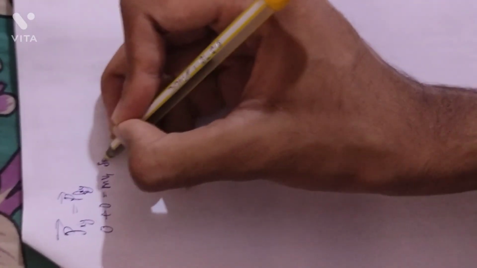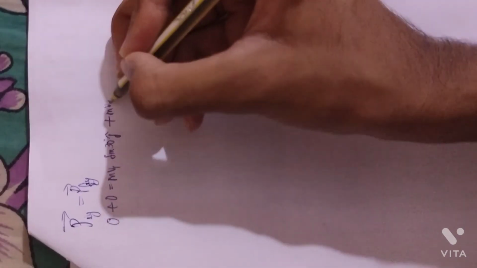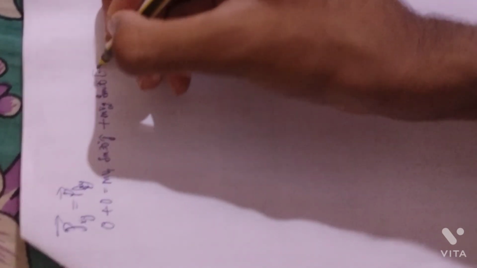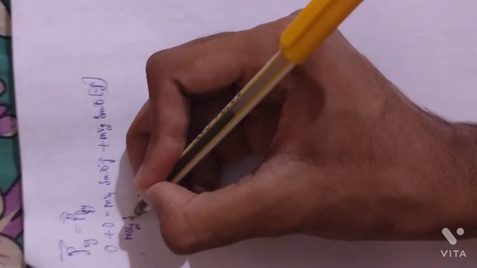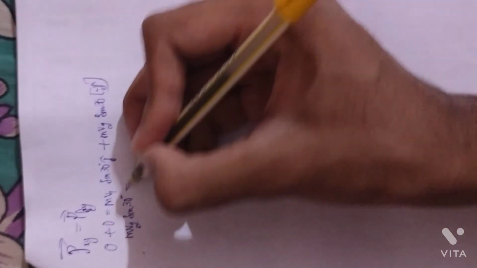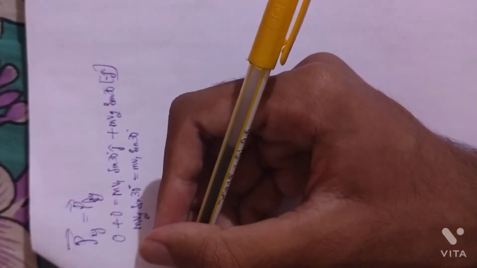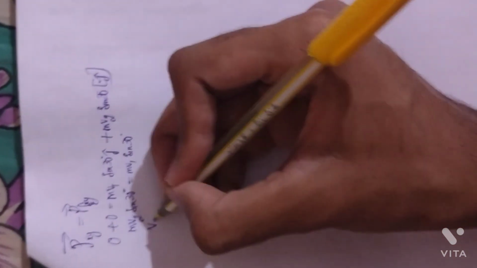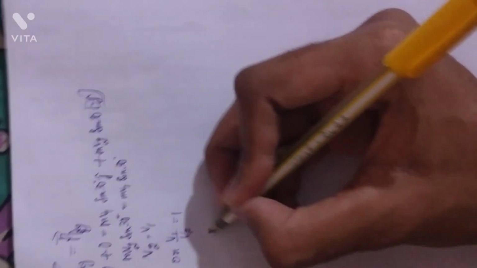So m v1 sine 30 degree j cap plus m v2 sine 30 degree minus j cap. Therefore m v2 sine 30 degree is equal to m v1 sine 30 degree. Okay, so therefore v2 is equal to v1, or v1 by v2 will be equal to 1. So therefore the value of x is equal to 1.